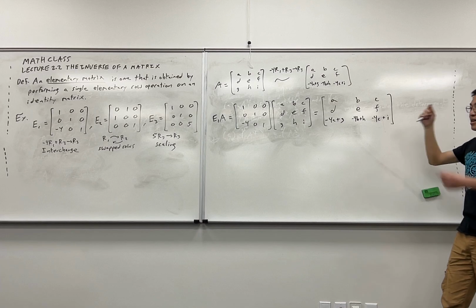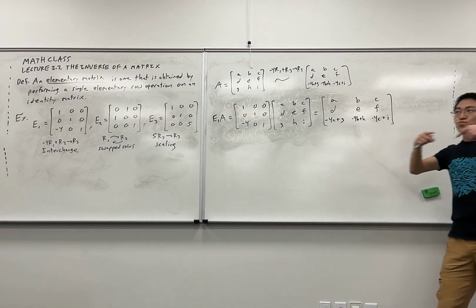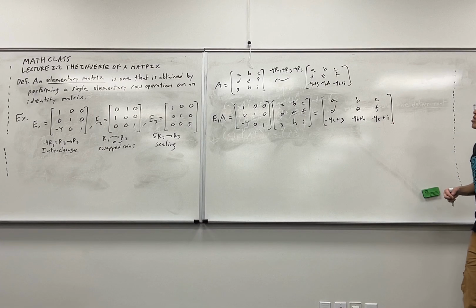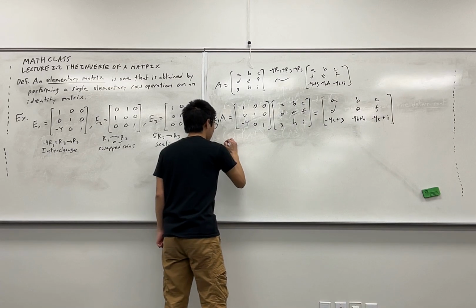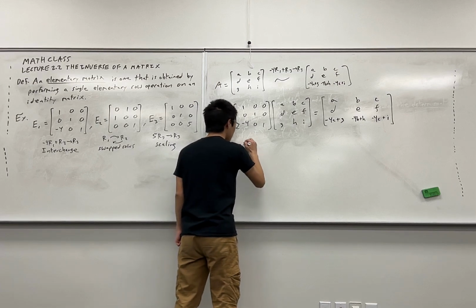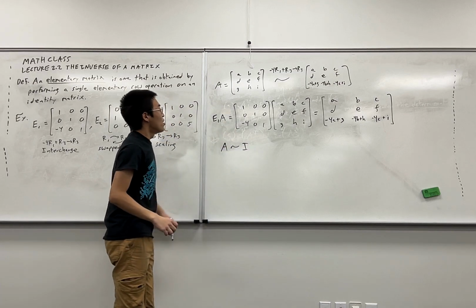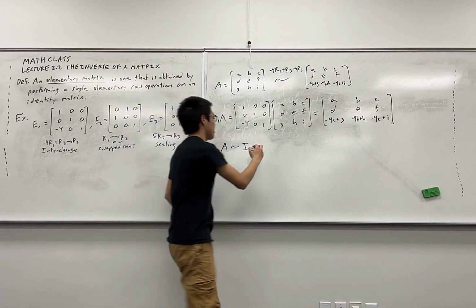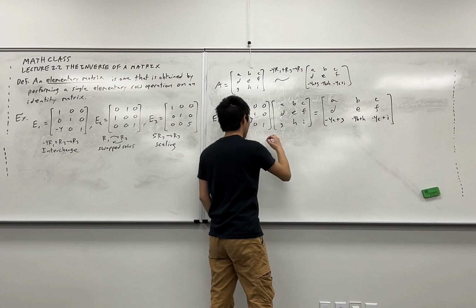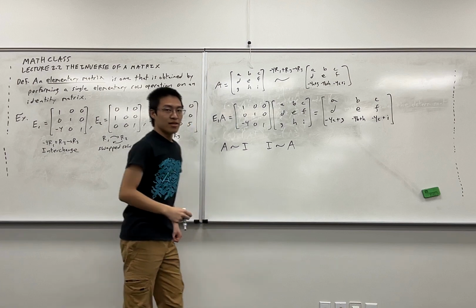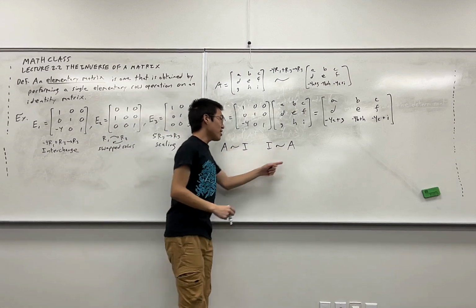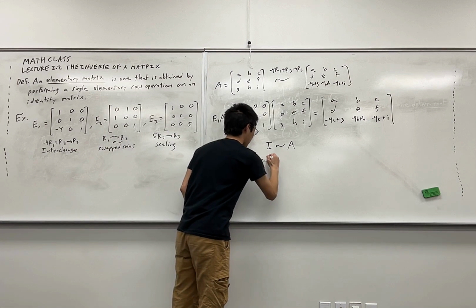The inverse being the exact undoing, the list of how to properly undo the row operations on A to get to the identity. So in other words, if I started with A and row reduce it down to its identity, we can keep track and store all of the reverse instructions to get from the identity back to A. And that process of returning back to A is our inverse process.